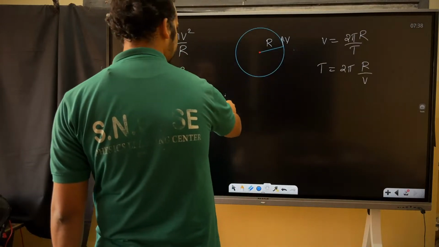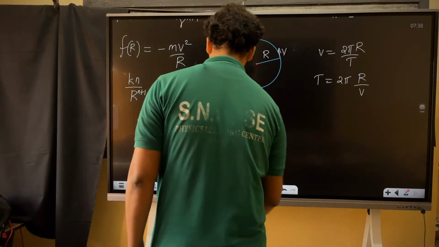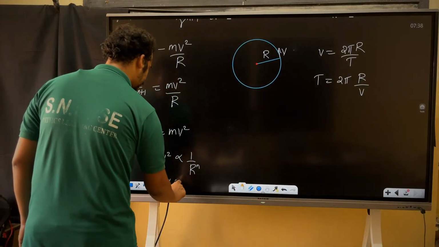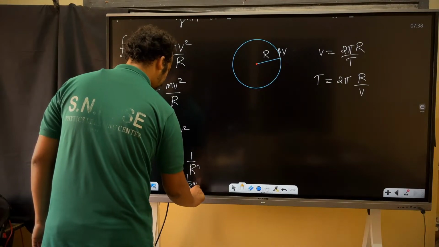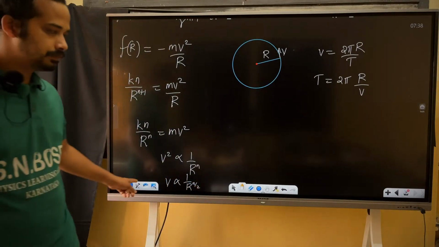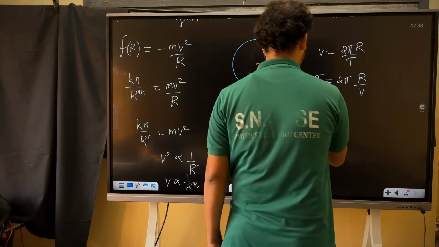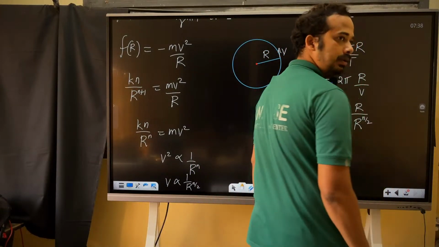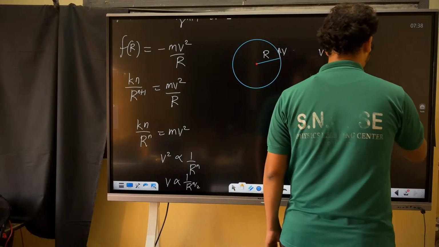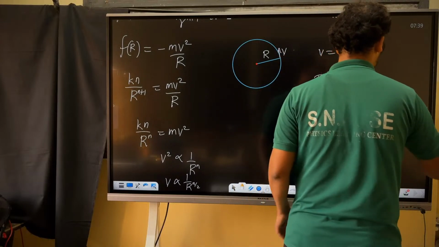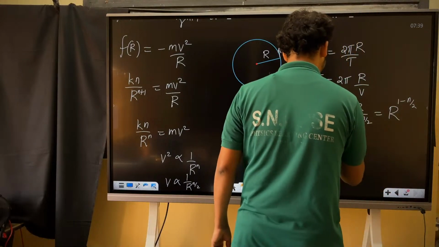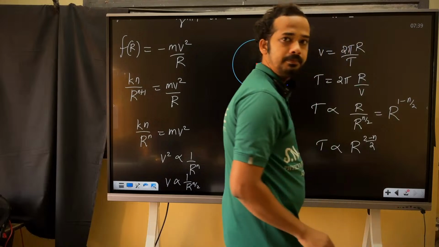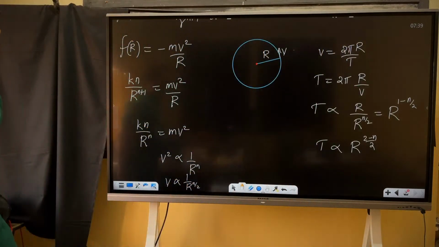R by v: v square is proportional to 1 by r power n, so v is proportional to 1 by r power n by 2. So T is proportional to r by r power n by 2, which is equal to r power 1 minus n by 2, that is r power 2 minus n by 2, isn't it? Let me know if any mistakes.